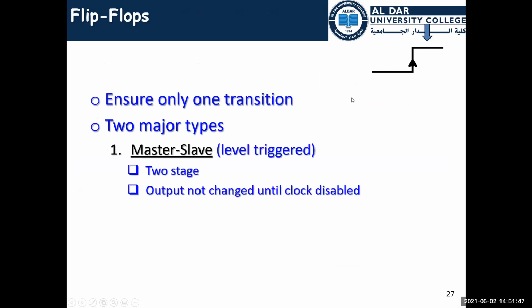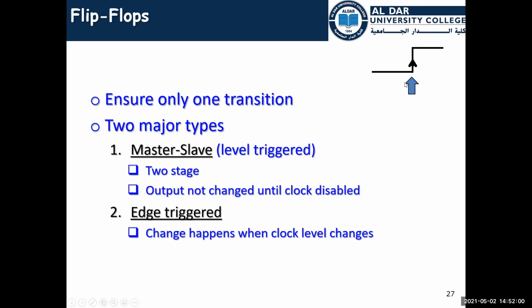We have two major types: master slave, which is level triggered, where we have the level of 1 or level of 0, and edge triggered, which means the transition from 0 to 1 or the transition from 1 to 0. The master slave is level triggered, and in the edge trigger the change is happening at the edges.